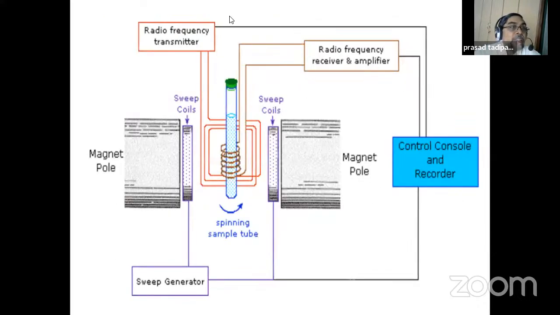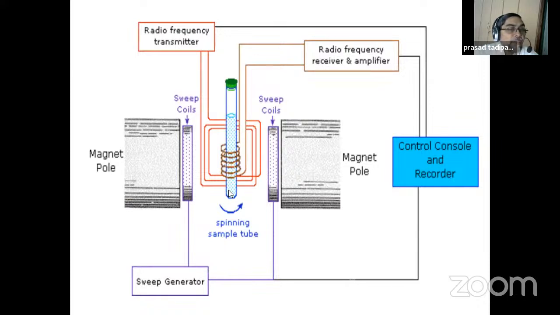I will give you the schematic diagram of an NMR spectrometer. Here, this is the RF transmitter, and this is the coil.